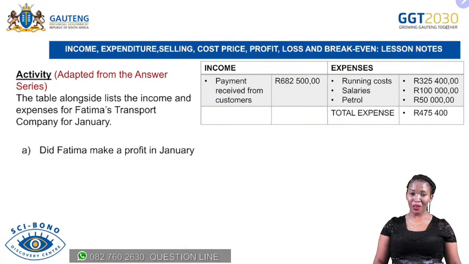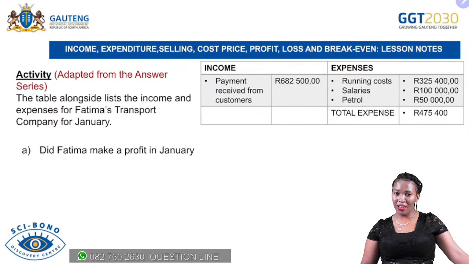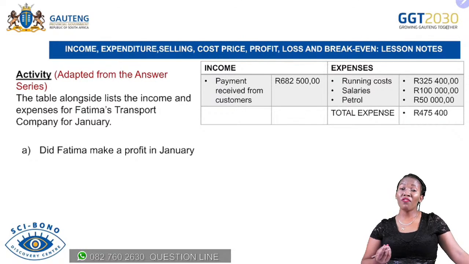And then here is another question. Did Fatima make a profit in January? How do we know that a person has made a profit? For a profit to be made, it means that your income minus your expenses, your answer must be positive.